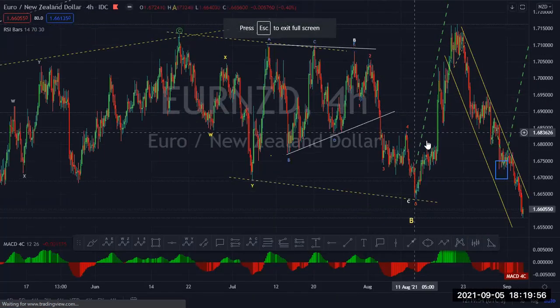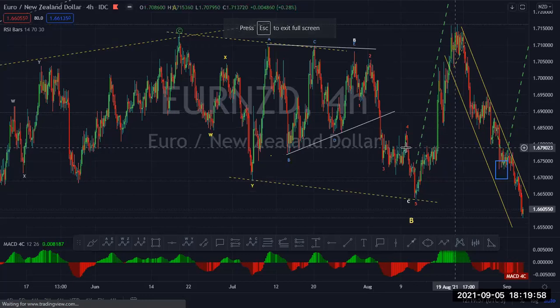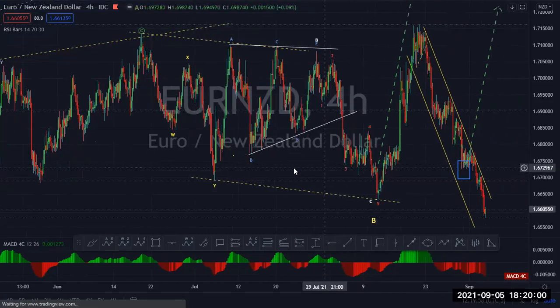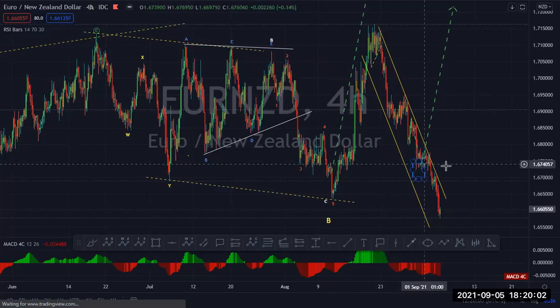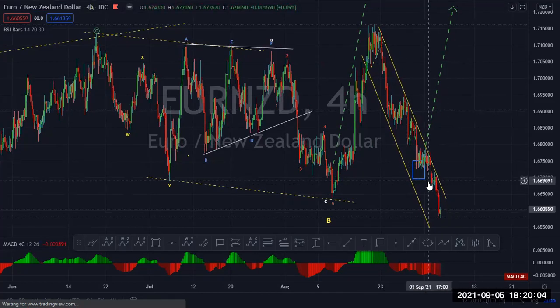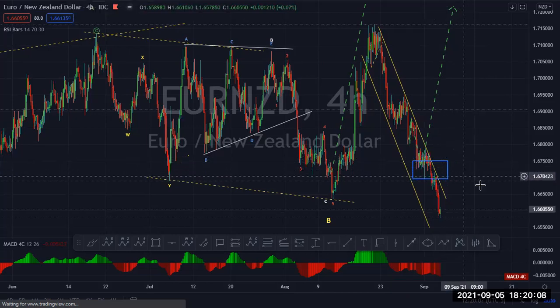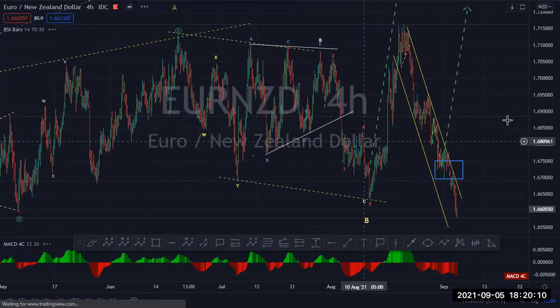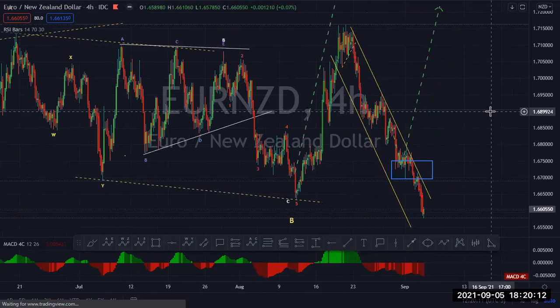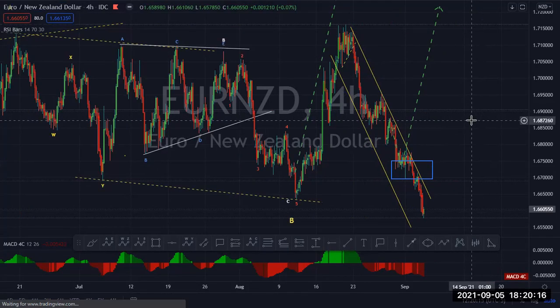Euro New Zealand, and it's doing something with Euro JPY. So you can see here is where my target was. You can see it went deeper than I expected. So this is one of the reasons you need to buy or sell when you have confirmed the movement.